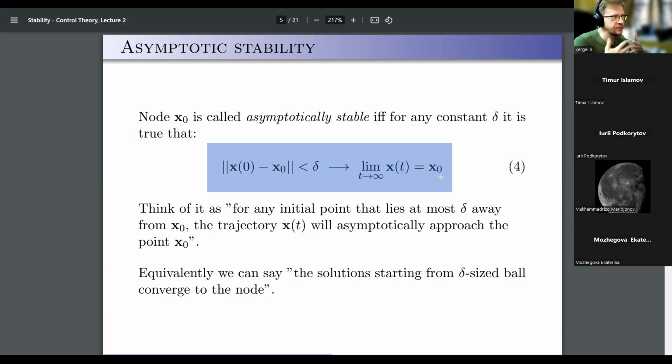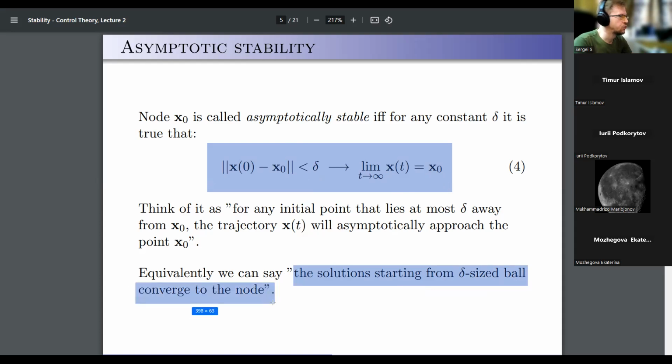So that is a classic two examples of asymptotic stability and stability. The simplest way to say it is solutions starting from a delta-sized ball converge to the node. That is asymptotic stability. Any questions about it?